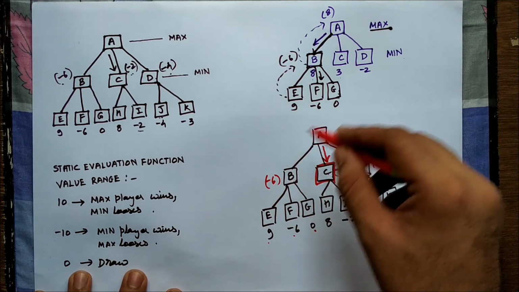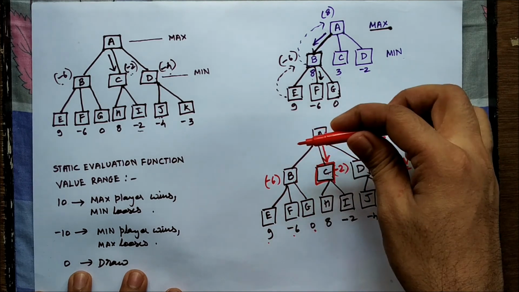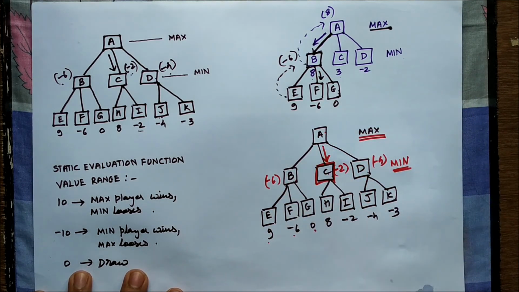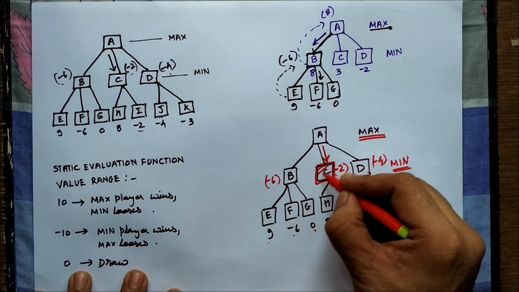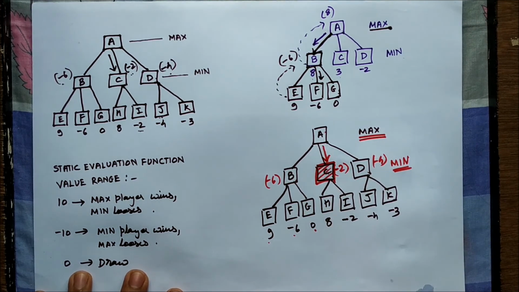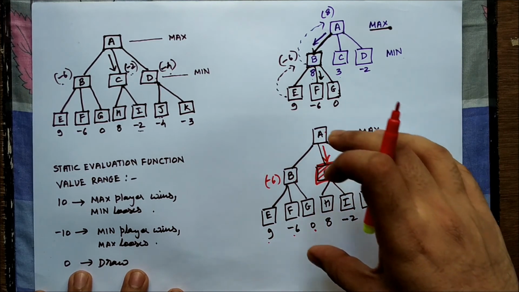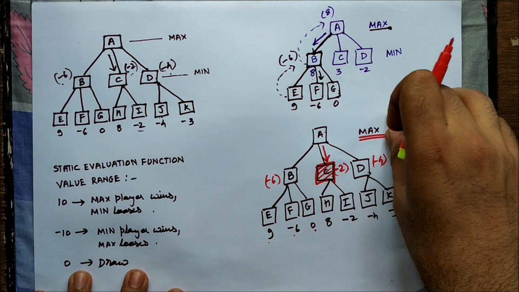After doing this calculation, the max player finally decides to go for this node. This is one iteration, one move calculation which the min-max algorithm does for one move of the max player.